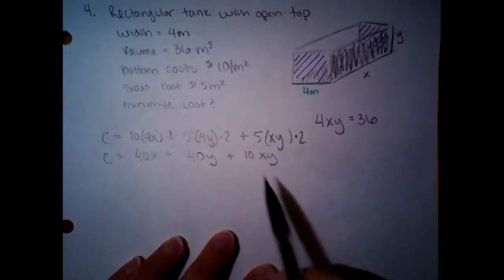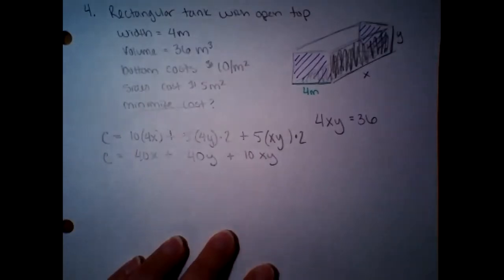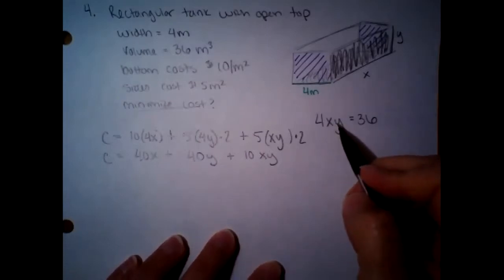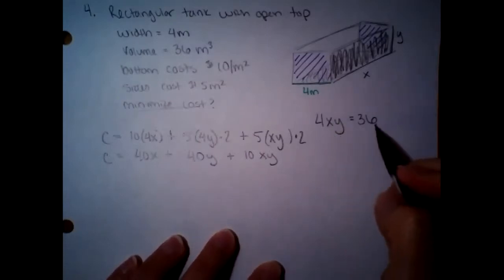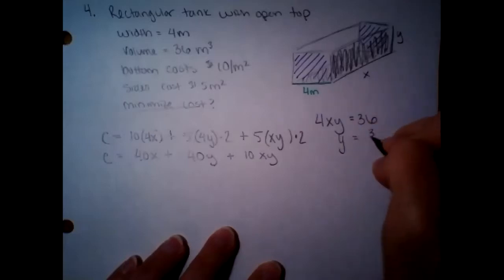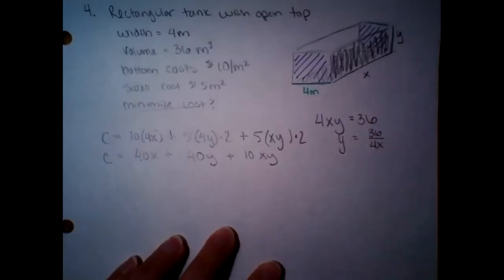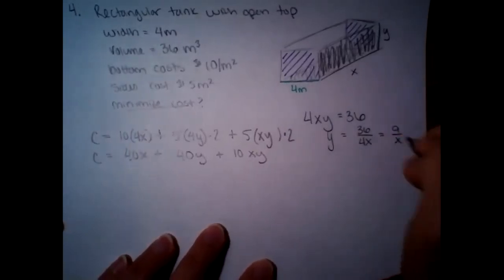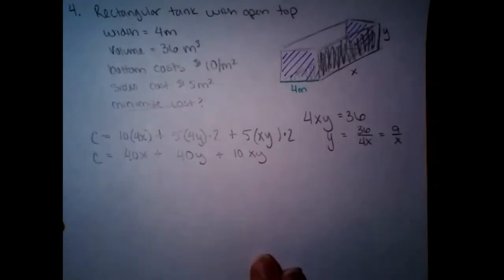So I need to substitute one of them out. And so over here, I'm going to solve for y. So I'm going to divide over this 4x to get y by itself. And then we can simplify that. 36 divided by 4 is 9. So it'll be 9 over x.